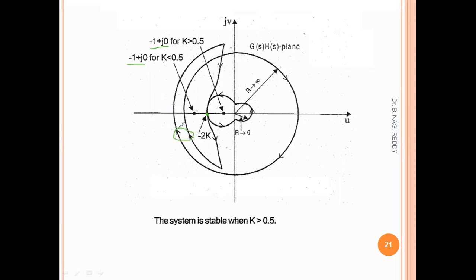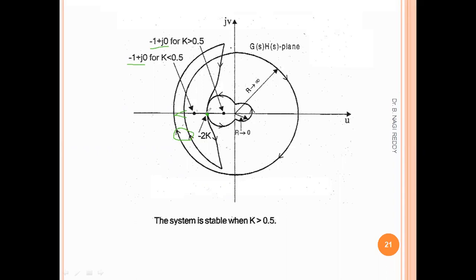These circles are with infinity. This is the infinity line. So that means you can see the Nyquist contour lies between origin and this point.